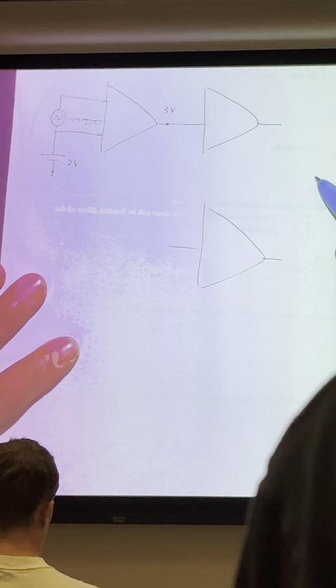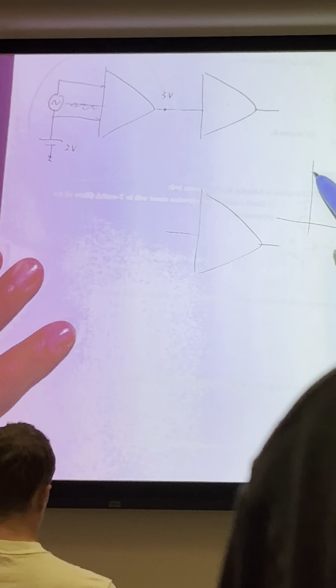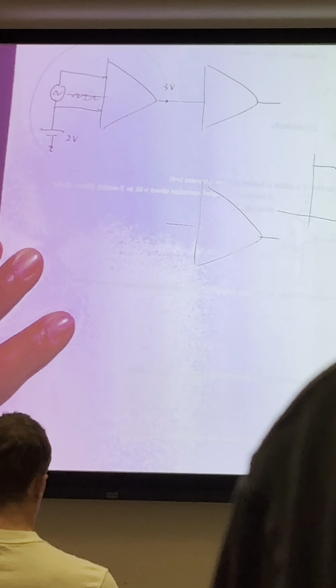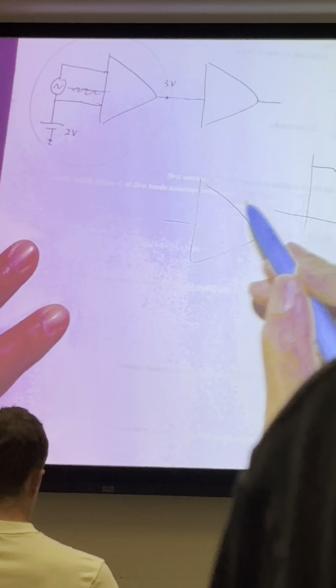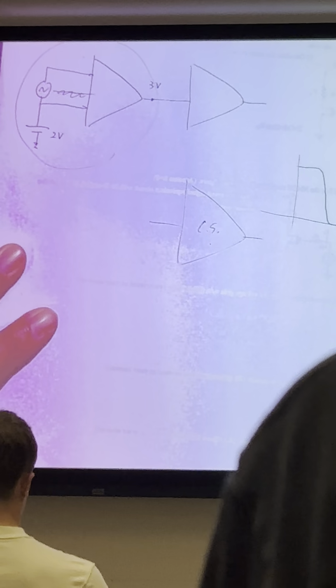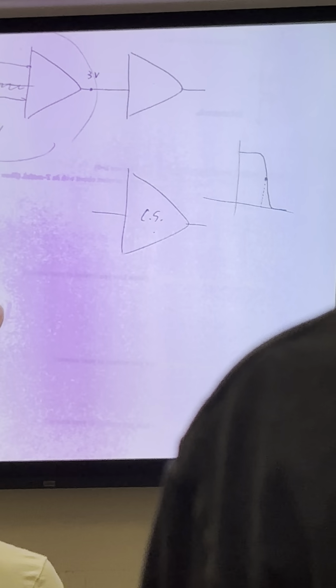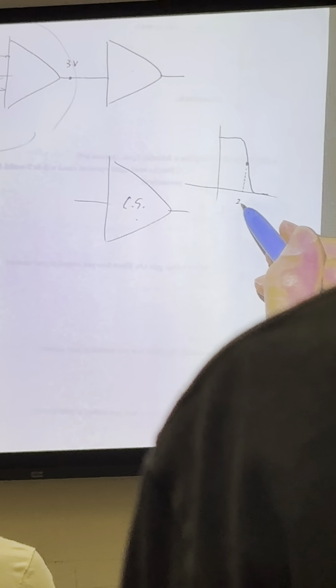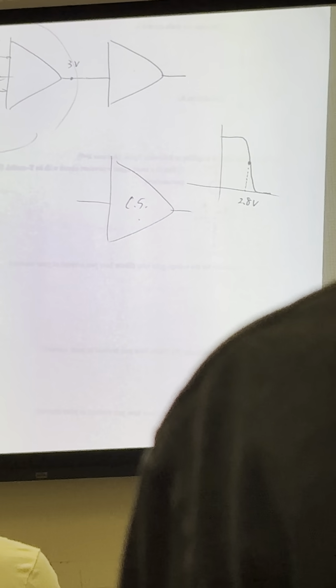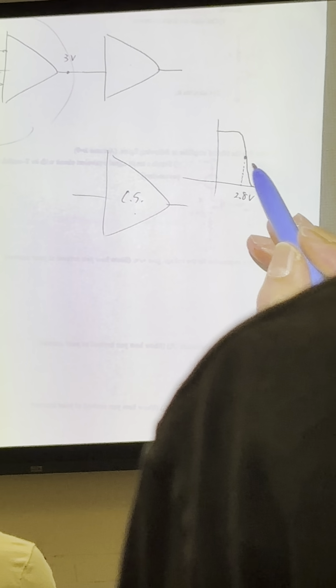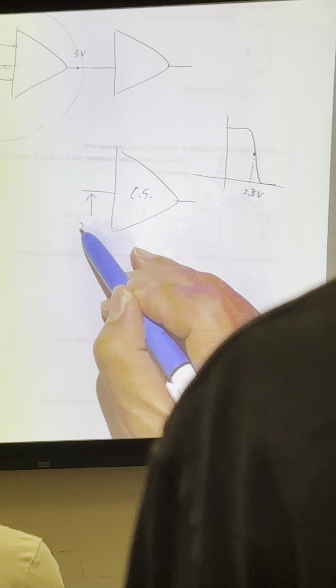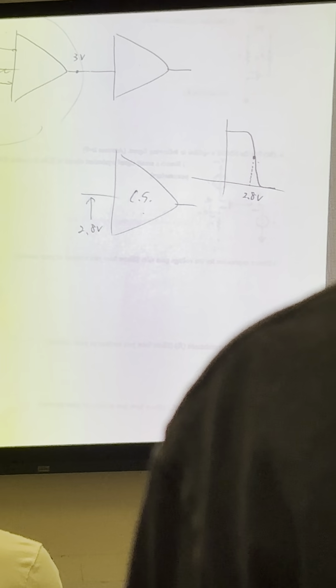If I sketch the characteristic of your second stage amplifier, your common source amplifier is working with this specific DC input voltage, right? Maybe this is 2.8 volts. What does it mean? I need 2.8 volts here.